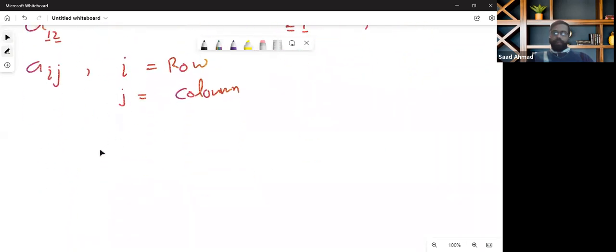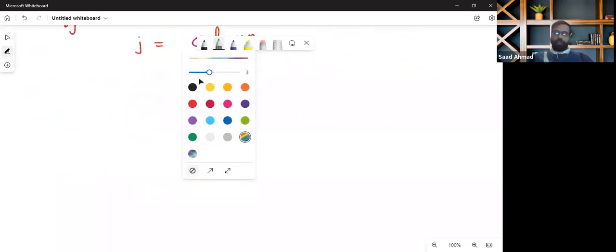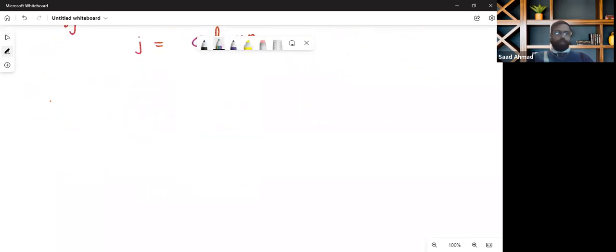Okay, the next thing that we see is some operations with the matrices. So let's say we add them. Addition and subtraction, they are kind of same. So let's say I have a matrix, just taking an example.